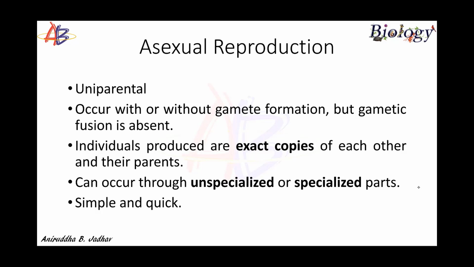Asexual reproduction is a very simple process as it does not include meiosis, crossing over, gamete formation, fertilization or zygote formation. So it's very simple and quick, and because of its simple and quick nature, it is possible to produce a large number of offspring by asexual reproduction.